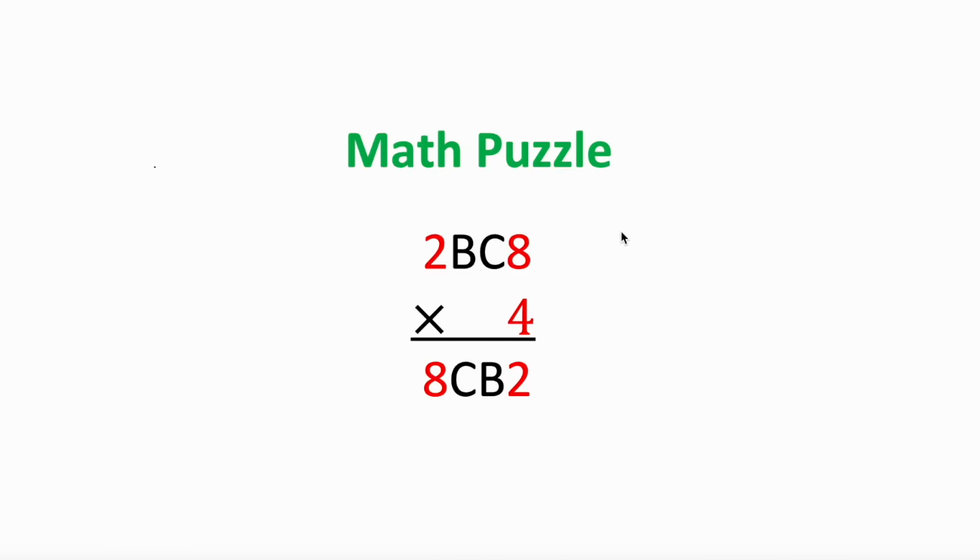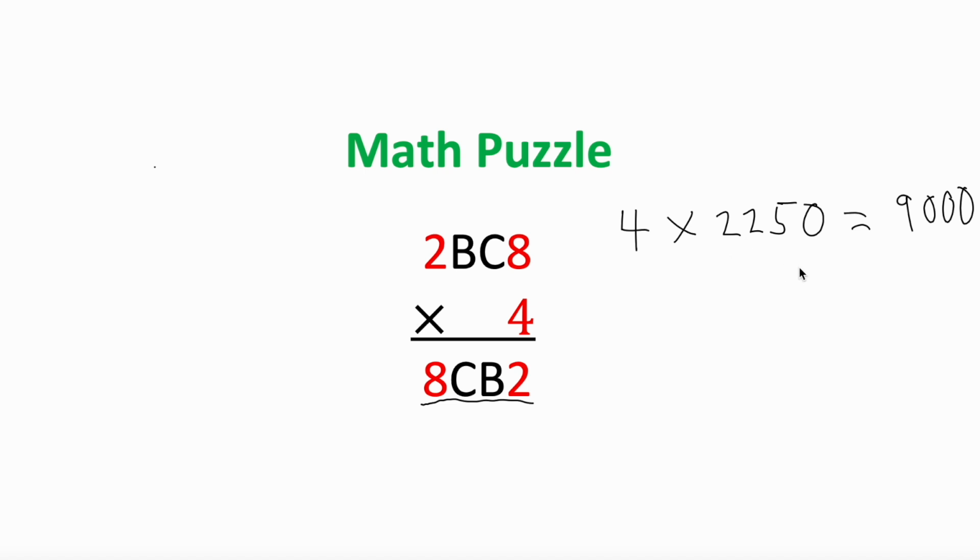Next, let's see if we can find what the digit B is. Let's notice that 4 times 2250 is equal to 9,000. 9,000 is bigger than our product, since our product begins with 8. So we know then that 2BC8 has to be less than 2250.